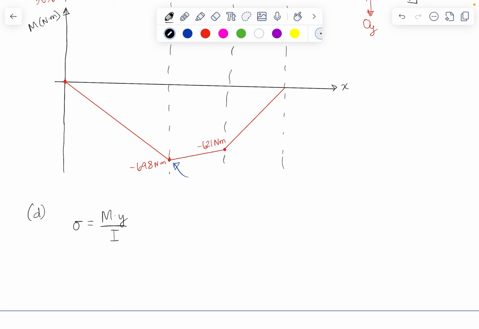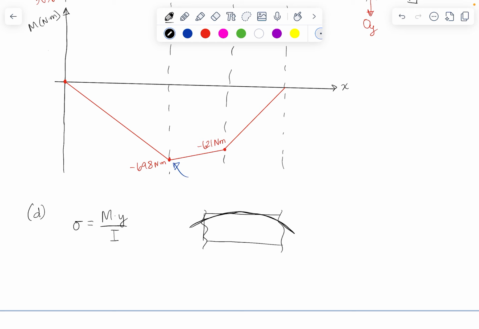So before we dive into that, let's take a look at what's happening here at our section right around this point B, or pulley B. We have a bending moment that is causing a stress to develop in this beam, and our bending moment is negative, which means that we're bending downwards here.